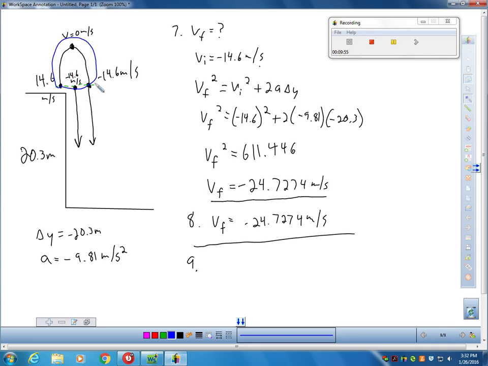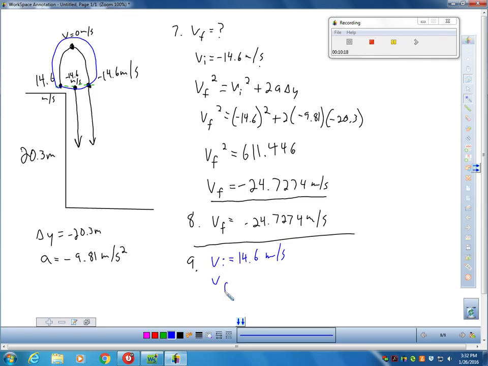All right? I'll leave the blue writing on there. So anyway, this is what I need to see. So now I'm going to be solving in blue. Notice that my initial velocity is still 14.6, but my final velocity now is negative 14.6. So VI equals 14.6 meters per second.